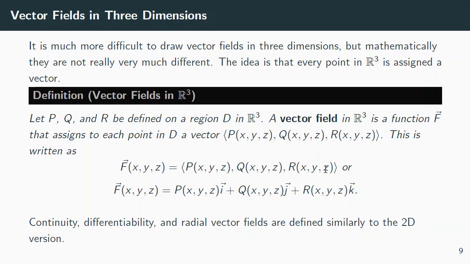So 3 multivariable functions giving you a vector field. It takes a point in 3-space and spits out a vector. Similarly, continuity and differentiability of vector fields are defined similarly. If the component functions are continuous, or if the component functions are differentiable, then we say that the vector field is continuous or differentiable.